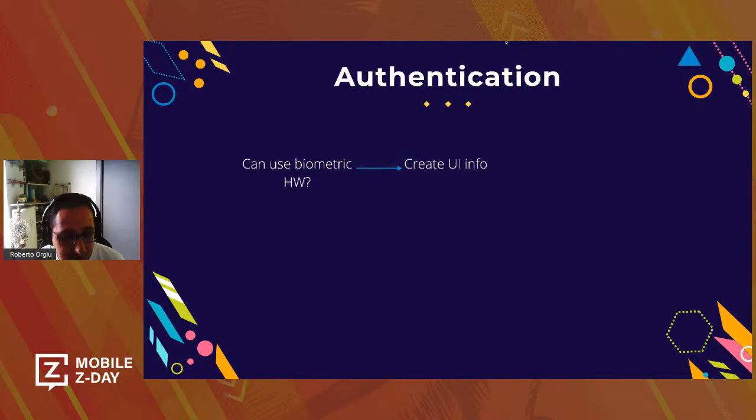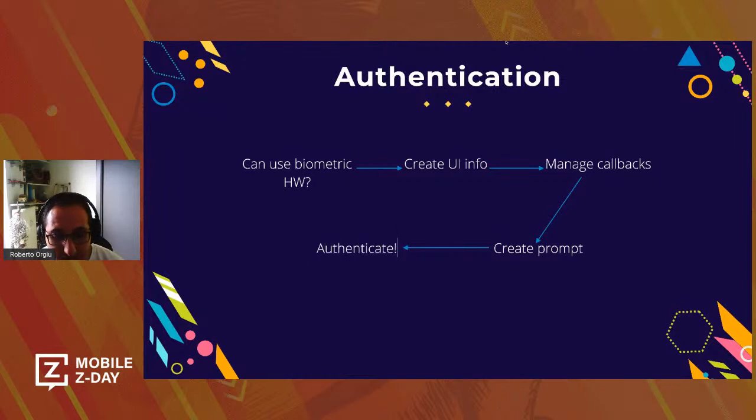That is what our users will see right there. Then we need a way to manage the callbacks for authentication, because of course, this is an asynchronous process and we need callbacks. Then another step would be to create the prompt to actually connect the callbacks. And after all these steps, we can finally authenticate our users.